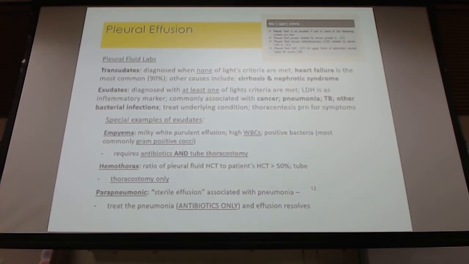Now there's also something called pneumonic effusion, where if you find that, you test it, and if it's not full of bacteria, you don't necessarily need to drain it. My confusion always is, if I tested it, why shouldn't I just drain it anyway? But anyway, you don't necessarily need to drain it if there's no bacteria in it. But certainly if you have bacteria, then you need to drain and give antibiotics.